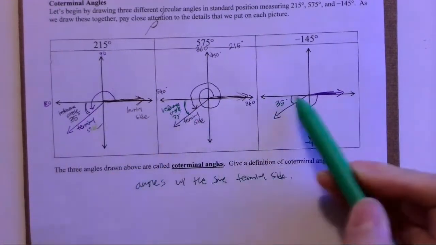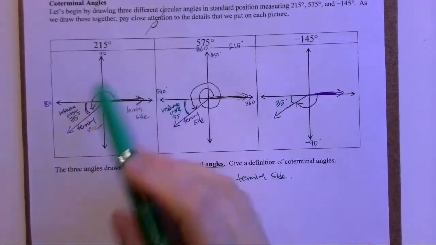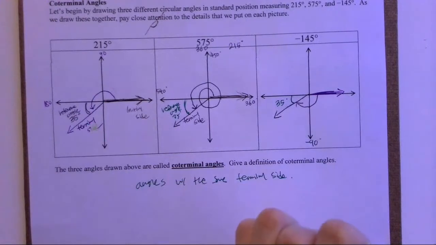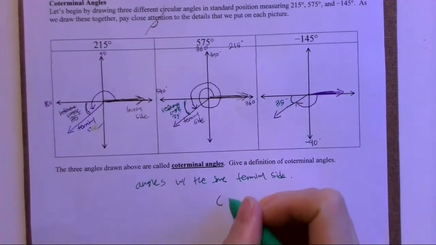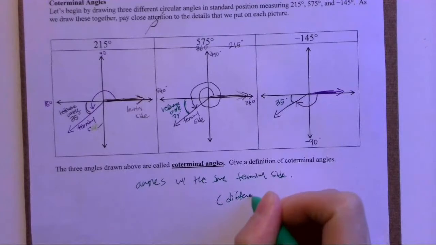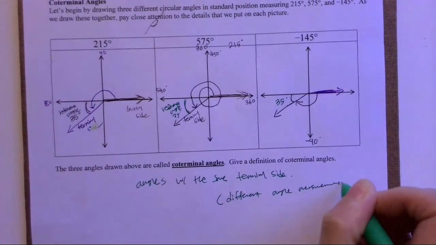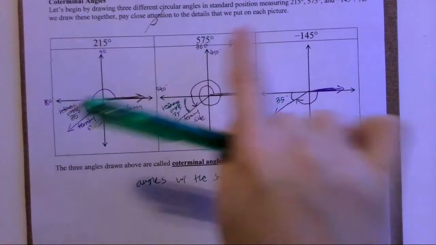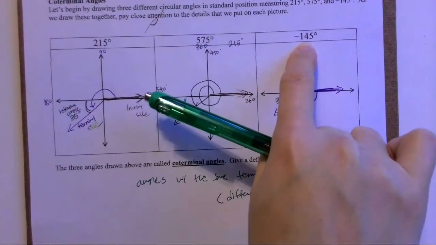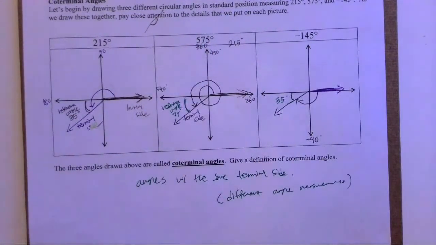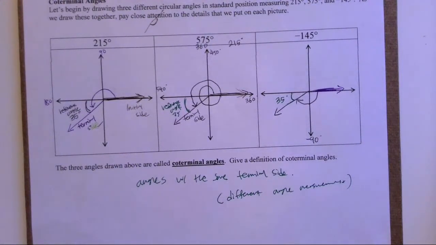As you can see, all terminal sides are in the same location in the third quadrant, but notice the different angle measurements. One is 215 degrees, one is 575 degrees, one is negative 145 degrees. Cool? All right, so that's about coterminal angles and learning how to draw your angle.